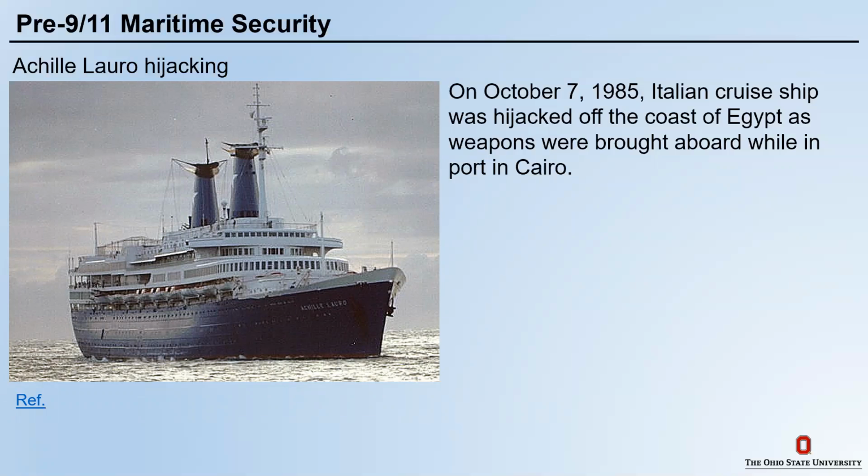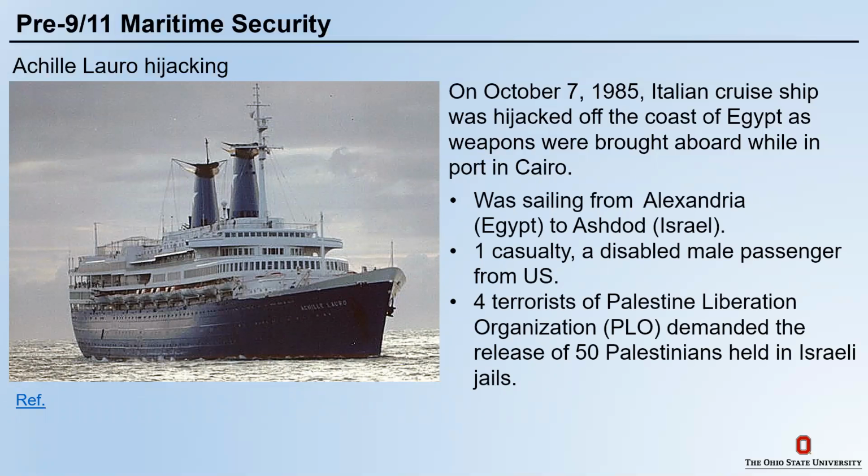So on October 7, 1985, the Italian cruise ship was hijacked off the coast of Egypt, as weapons were brought aboard while in port in Cairo. It was actually sailing from Alexandria to Ashdod, which is an Israeli city. So you can see the complexity here.